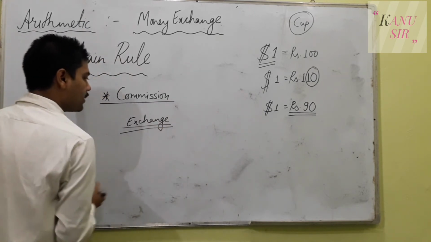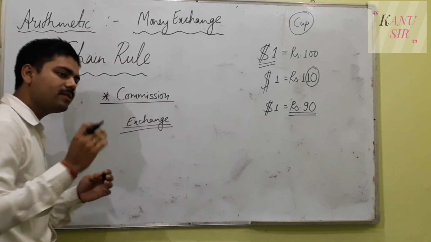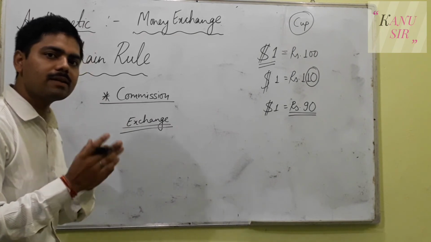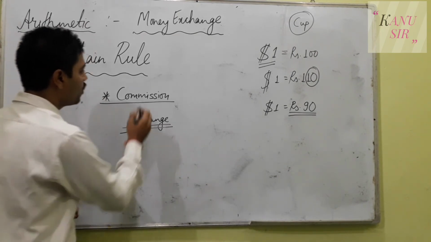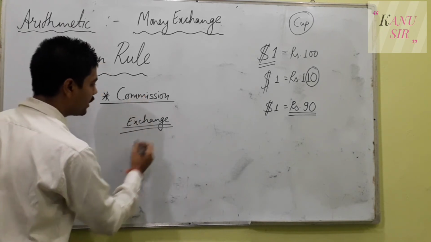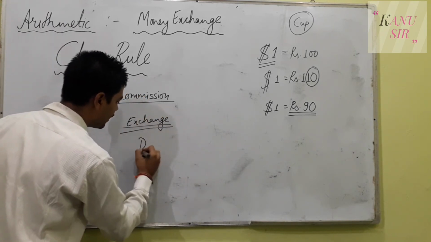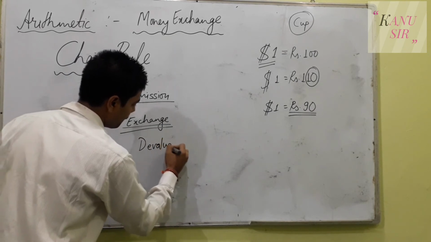And at that time, while exchanging some amount of currencies, he will take some percentage of commission for himself. So when the case of commission comes, then automatically you must remember the meaning of devaluation.